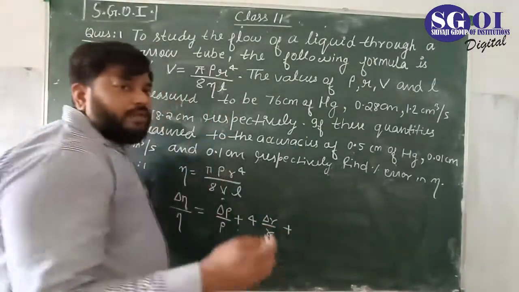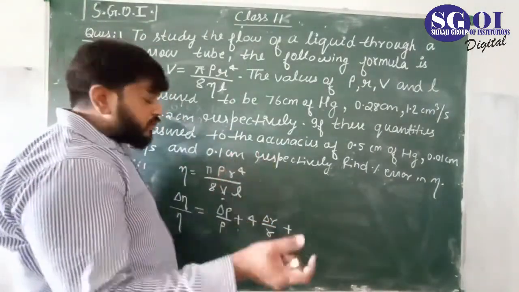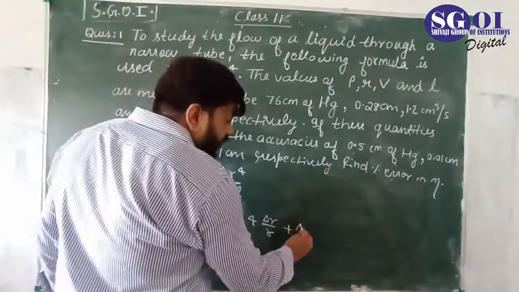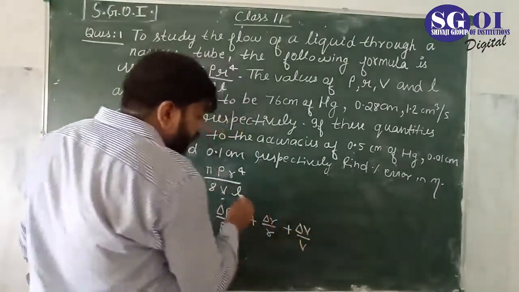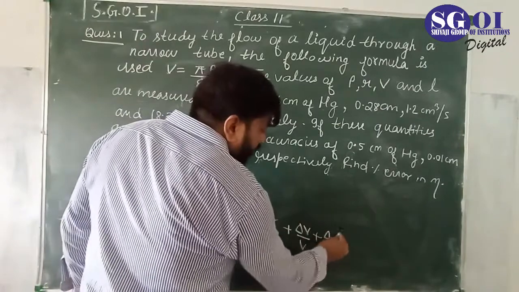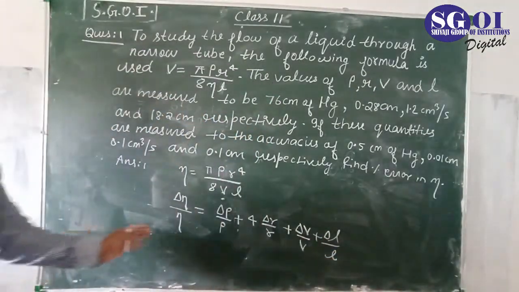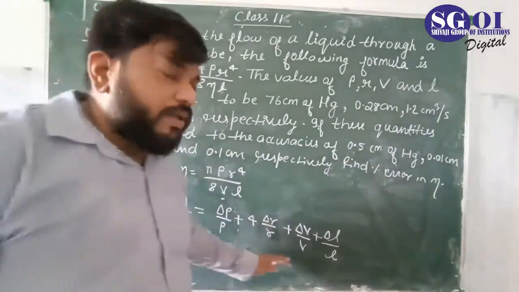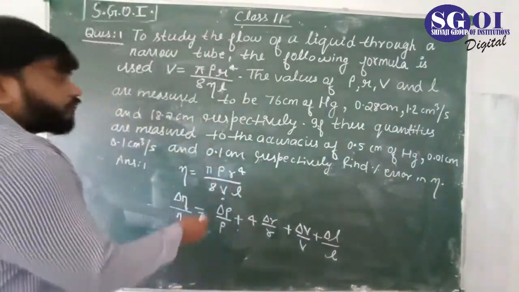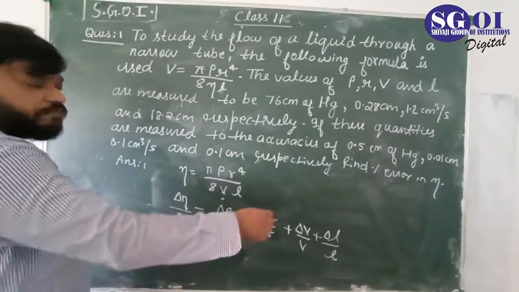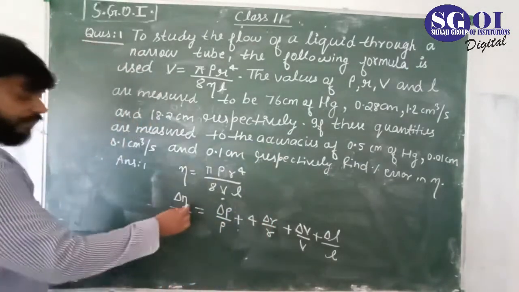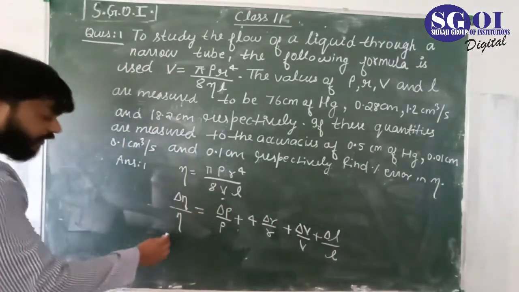Just revise the combination of errors topic. Plus delta L upon L. We have written this expression using the concept of combination of errors. Now for finding the percentage error, we would just multiply by 100, so it would be in percentage.